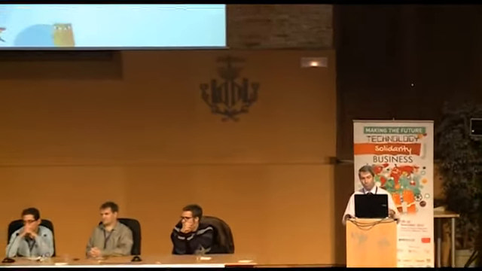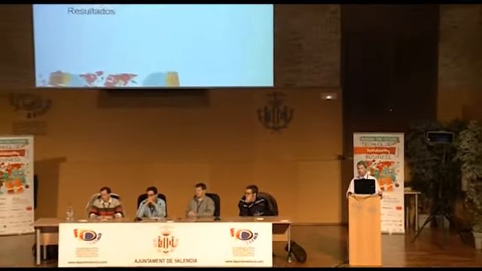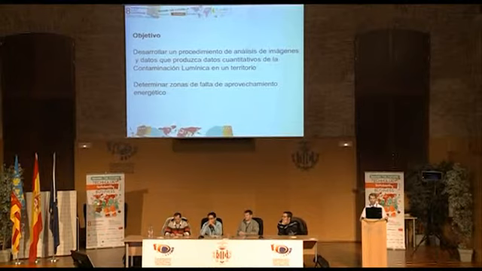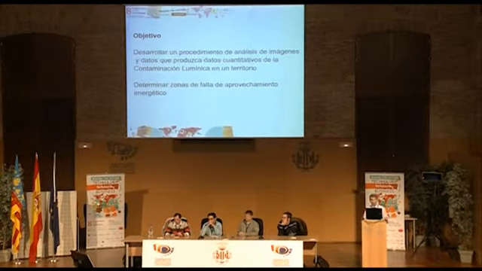First, I will talk about the light pollution and its definition, and where we are extracting the data. You will see we have two different data sources: satellite imaging, from the spatial agency and NASA, and from the ground, we are also using sensors to get another array of data.